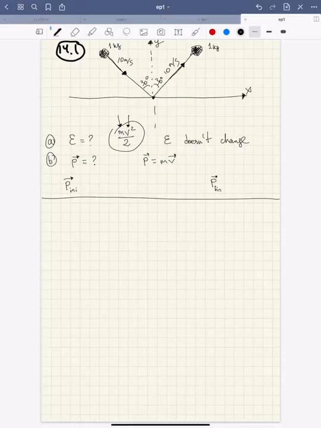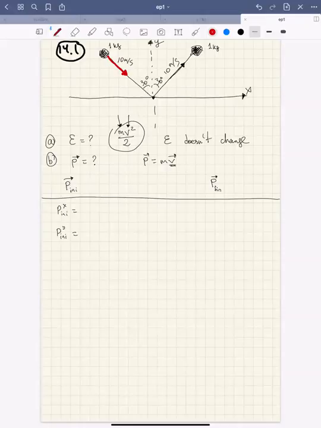So let's start with the initial momentum. I have momentum initial x, momentum initial y. So mass is 1. I need to find the velocity. Okay, so let's look at this velocity. This velocity is pointing this way. And to project this velocity on x and y, I will need to use a little bit of trigonometry.